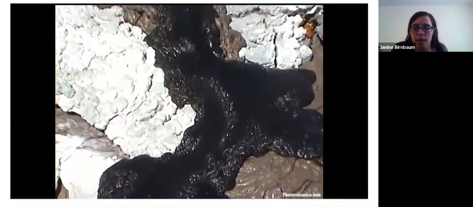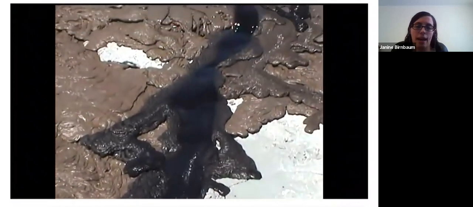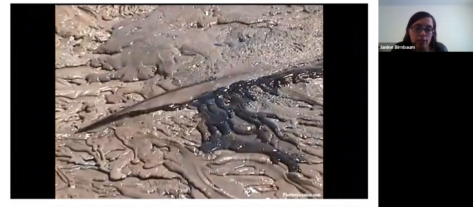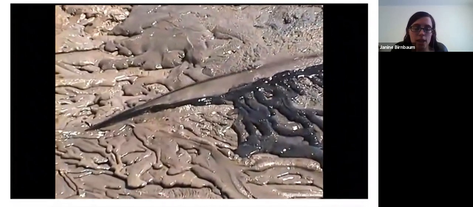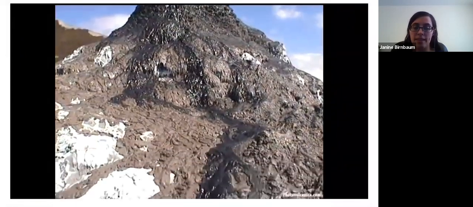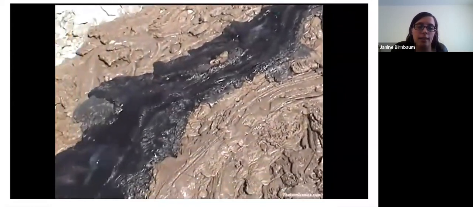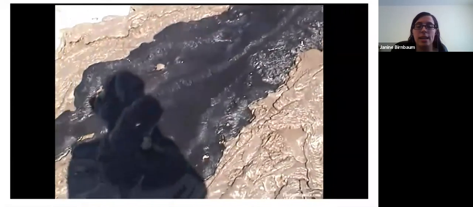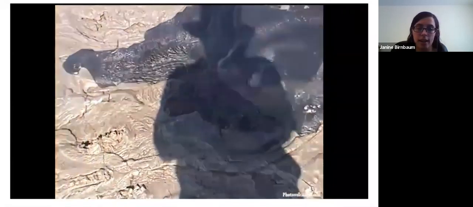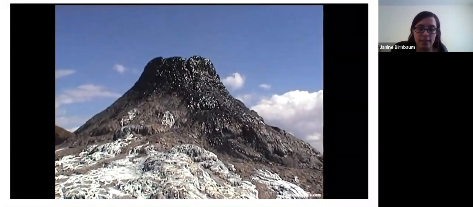They become more silicic, so more rich in things like quartz, and the eruption temperatures usually go down. For a silicic eruption, lava temperatures might be somewhere in the range of 700 to 900 degrees Celsius. But lava like you might see at Hawaii might be much hotter, over 1,000, maybe 1,100 or even 1,200 degrees Celsius.